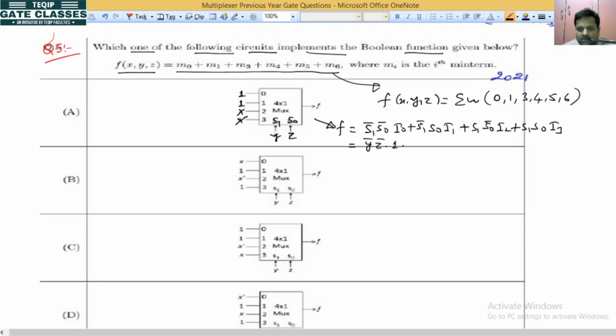This is 1, i1 is 1. Again it is y bar z, it is 1, plus y z bar, and it is x, plus s1 s0, meaning y z. i3 is x bar. What will be the value? The value will be y bar z bar plus y bar z plus x y z bar plus x bar y z.